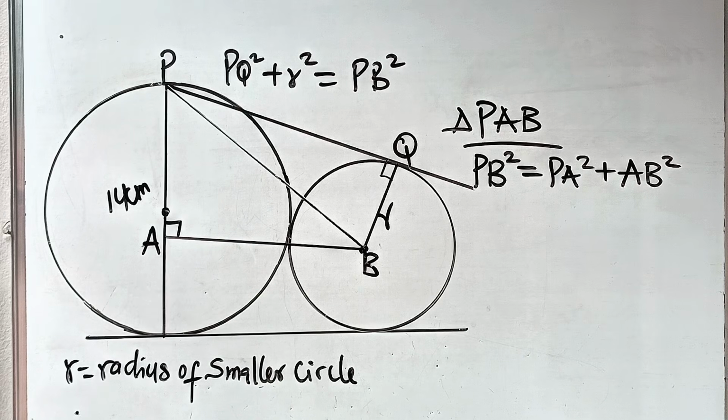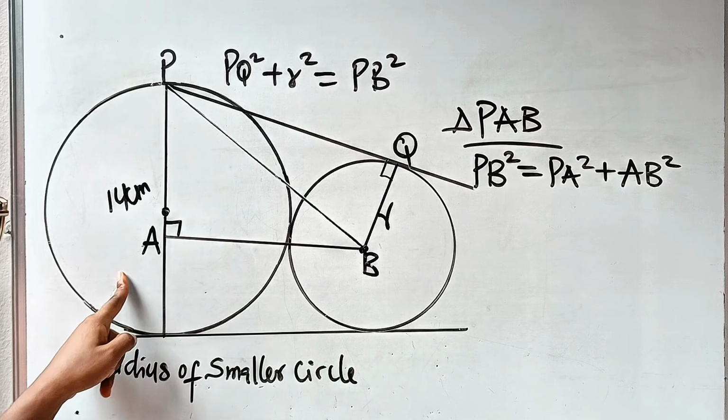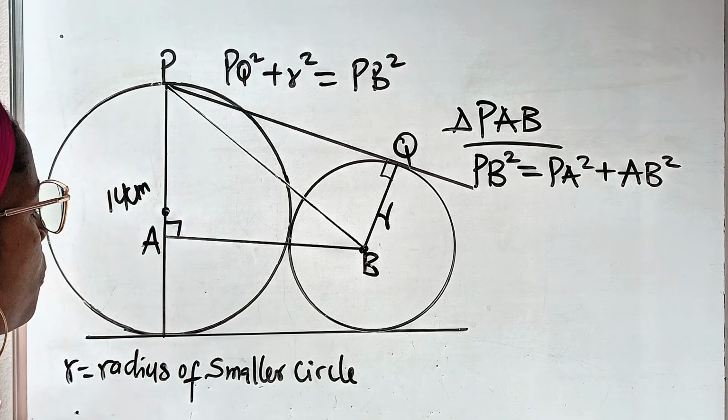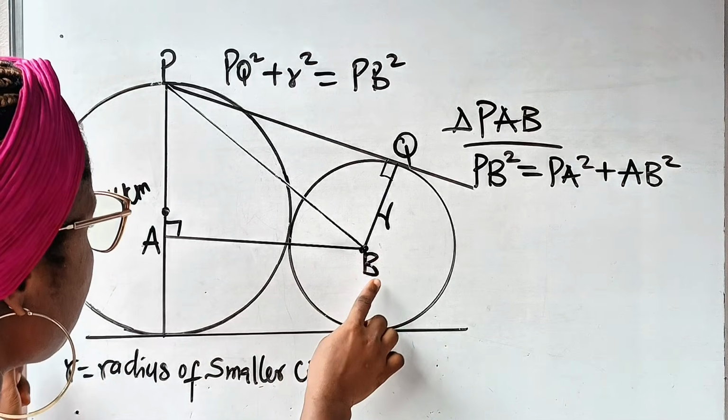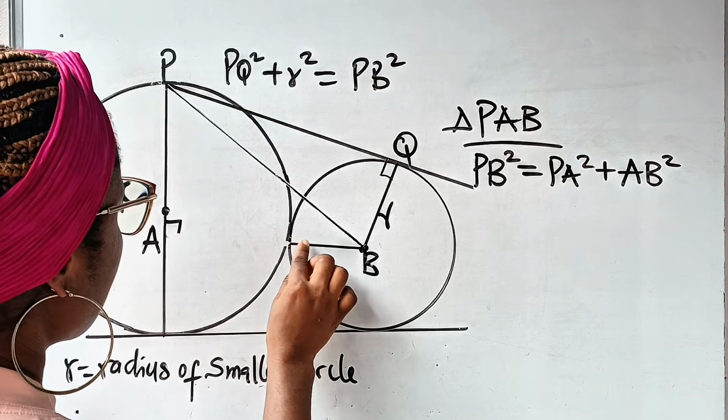Now, is there a way that we can actually get a value for PA? Yes, there is. Remember, this is not drawn to scale, so I think I need to correct that.